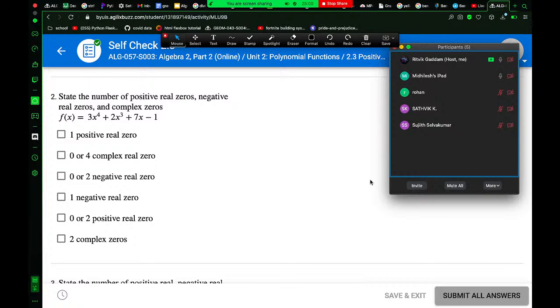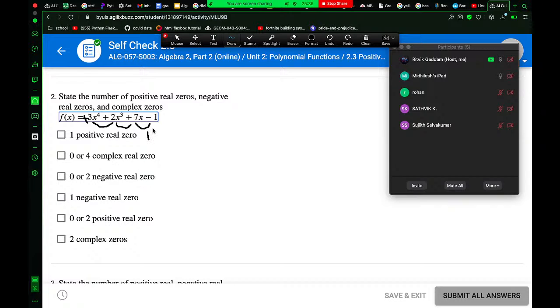Okay, so basically, how many sign changes does this equation have? Sign changes are where, like, you see how this is a positive number? It's where it turns into the opposite sign. This is a positive number, and this is another positive number, so there's no sign change happening here. Neither is there one here. But when a positive number turns into a negative number, then there's one sign change. And when a negative number turns into a positive number, then there's one sign change.